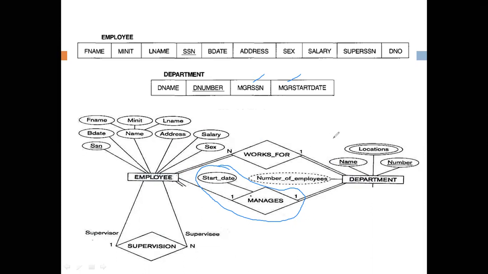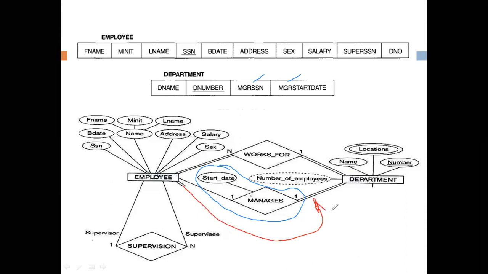Now let us consider the cardinality ratios. An employee manages a particular department, that is the manager. So one manager, which means an employee acting as a manager, can manage how many departments? That number we will write over here.